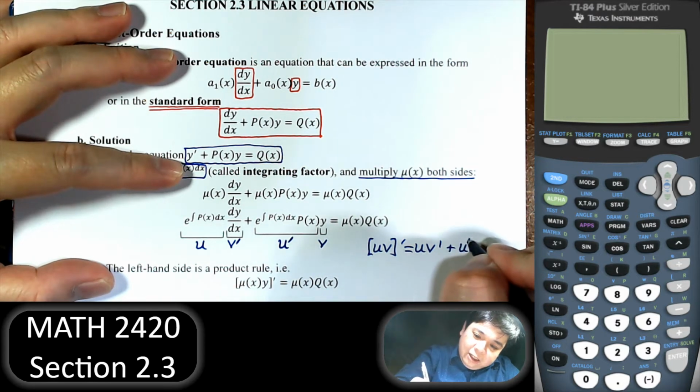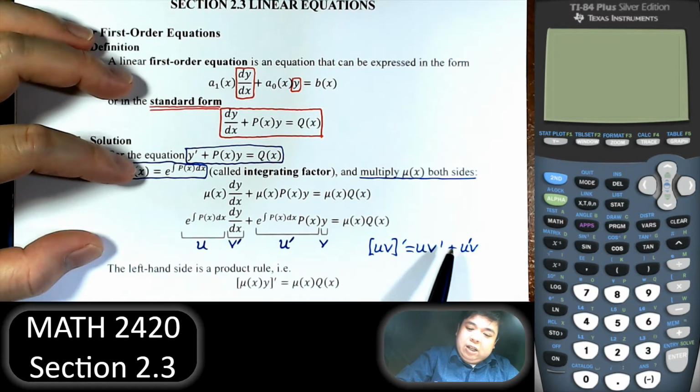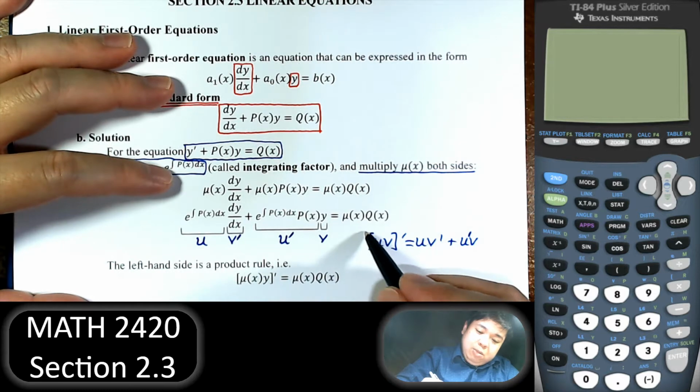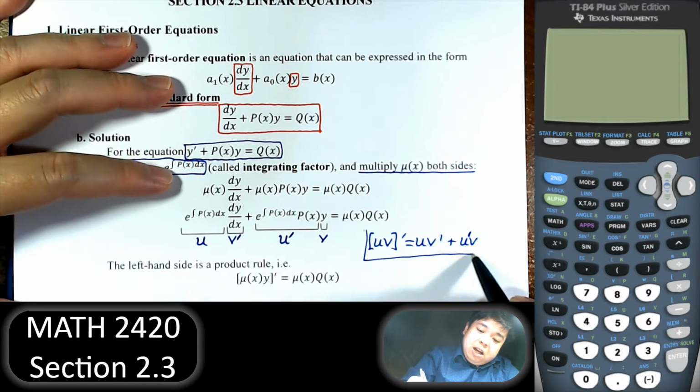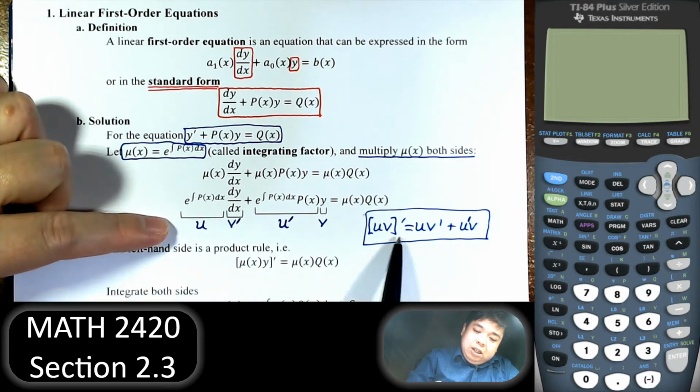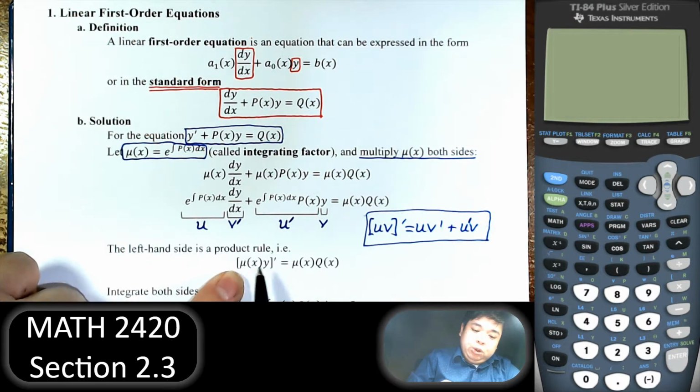So the derivative will be of the first and then the second, or the second and first, it doesn't matter. But the left hand side is the product rule. So we write it in this form, u and y, u and v. So the left hand side product rule is that.